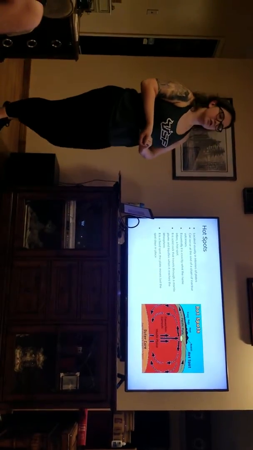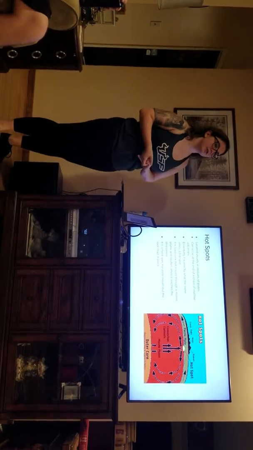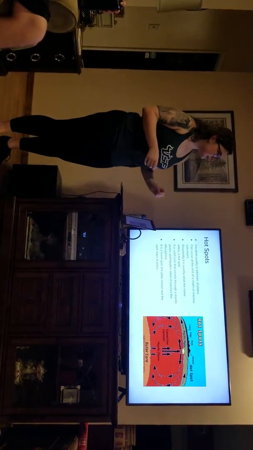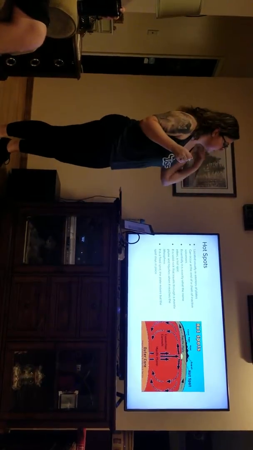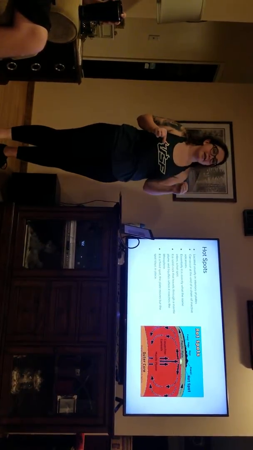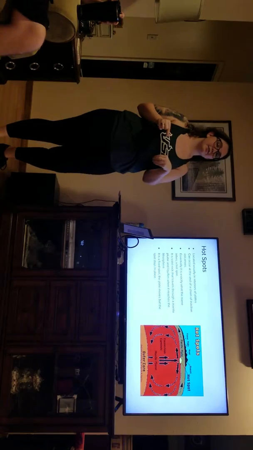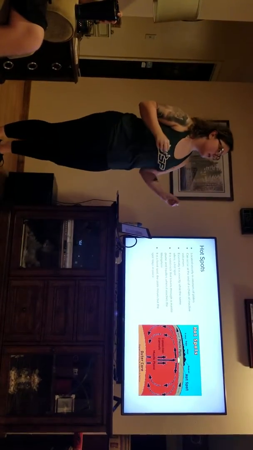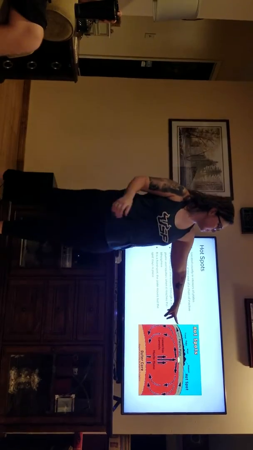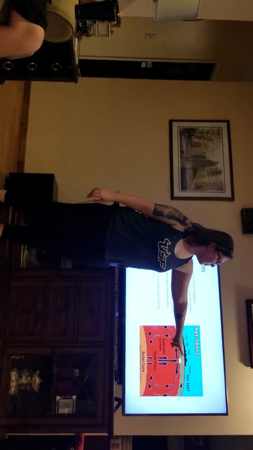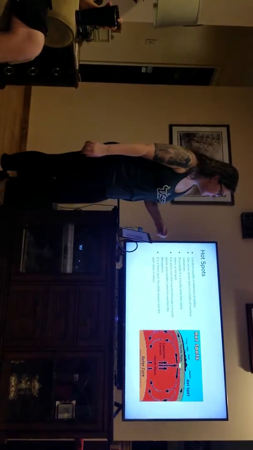So another important thing to know before we learn about the history is hotspots. Hotspots are located at interiors of plates. They're not at plate boundaries. So they occur at the end of an inactive chain of volcanoes. The most common one that we know is Hawaii, the Hawaiian Islands.